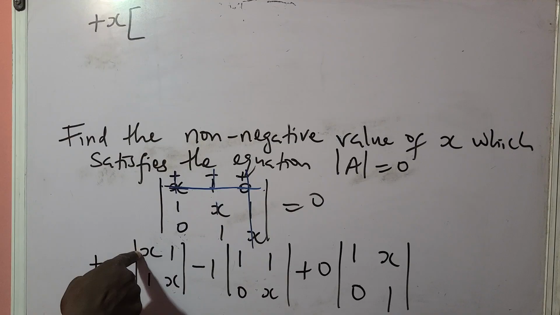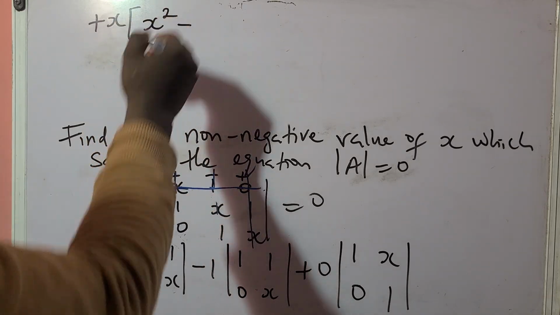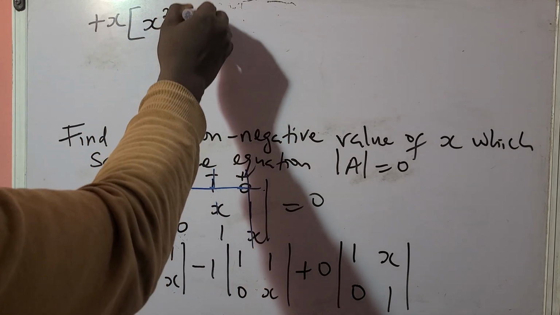That means we have x times x minus 1 times 1. x times x will be x squared, so you have x squared minus 1 times 1, which is 1.